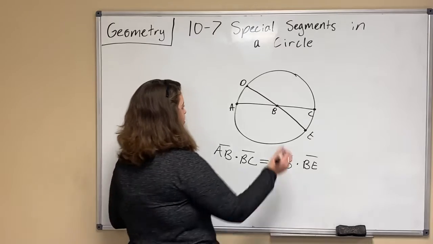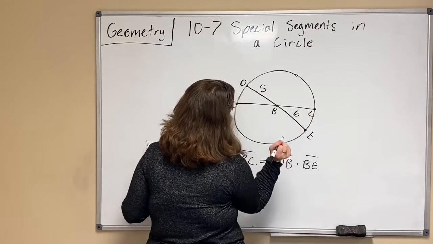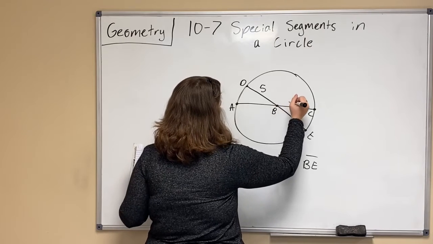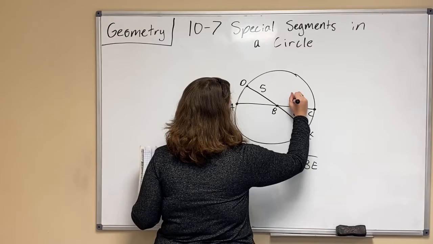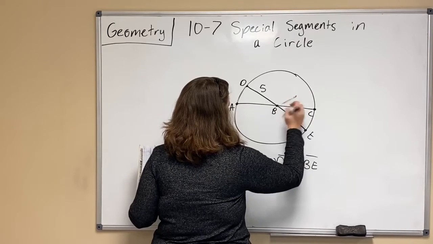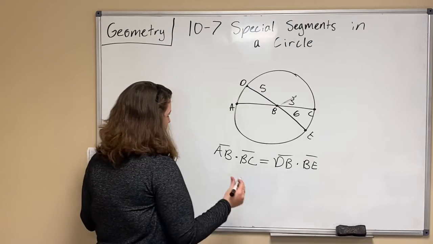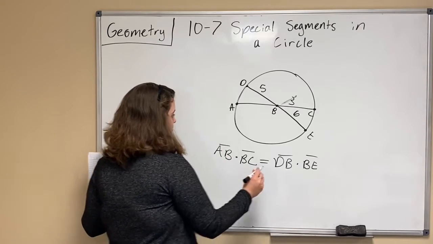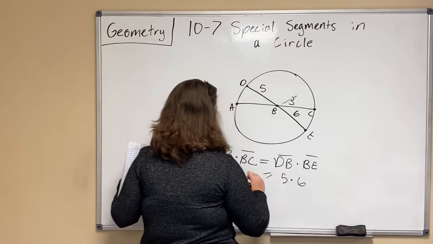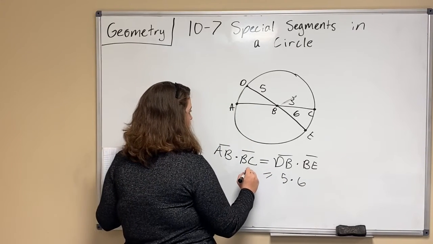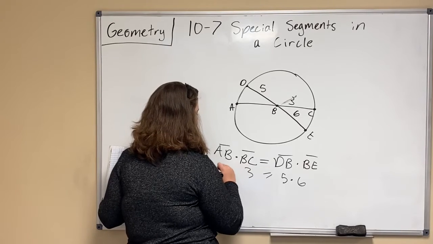So if I told you that this was 5 and this was 6 and this was 3, I know it's not exactly proportional, but say I said that, then what I would know was that 5 times 6 has to equal 3 times whatever AB is.